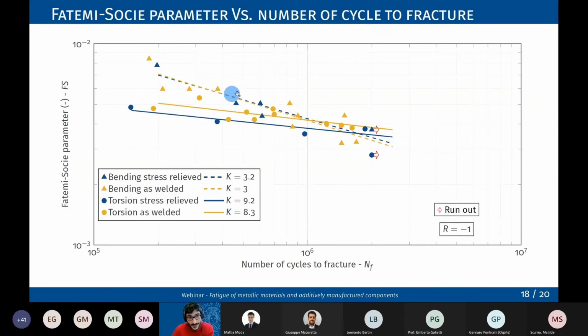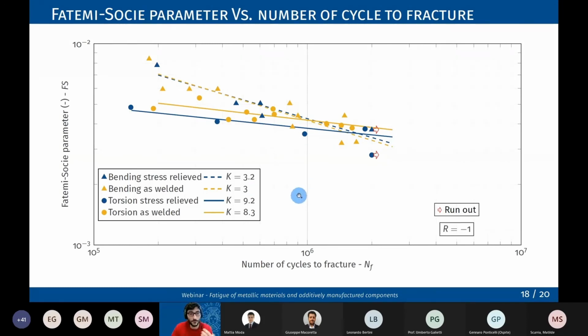The dashed lines, blue and yellow, show pure bending for stress relieved and as-welded condition, while the continuous lines refer to pure torsion in stress relieved and as-welded conditions. We can see that if there is no difference in pure bending, there is a clear difference between stress relieved and as-welded condition for pure torsion.